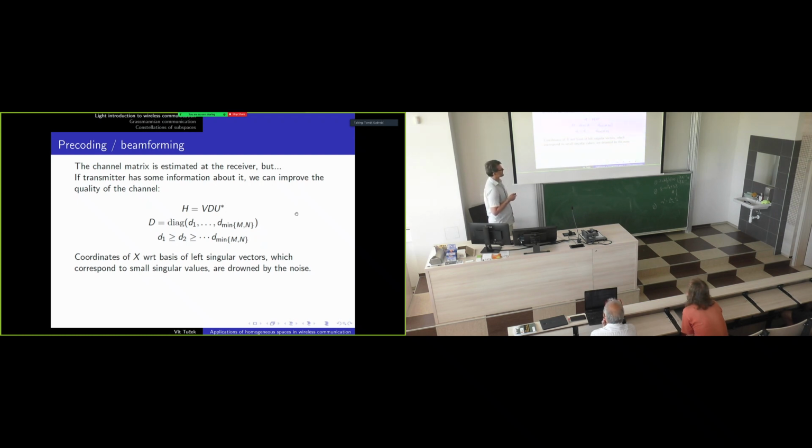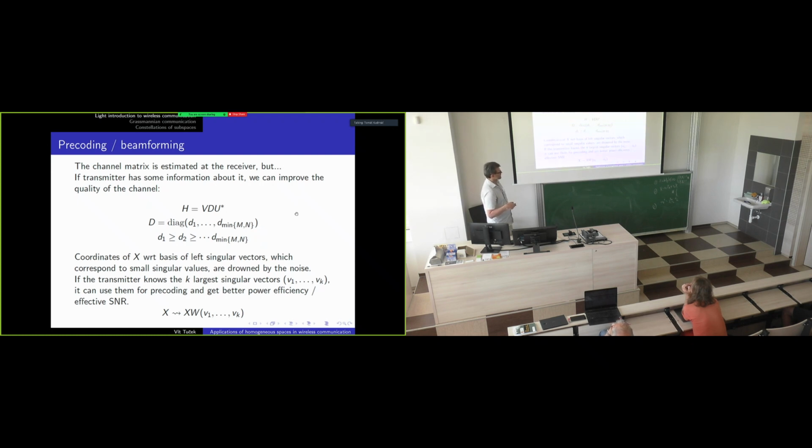The idea is basically to consider the singular value decomposition of H, and then send the signal just through directions corresponding to the largest singular values. If a singular value is very small, it can be drowned by the noise. So you would like to let the transmitter know what the singular vectors corresponding to the largest singular values are. Let's say you fix 3 or 4 of the largest singular values, and you would like to send back the information about which directions are good to the transmitter.